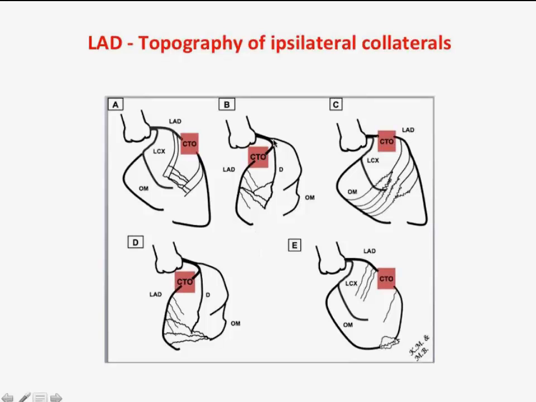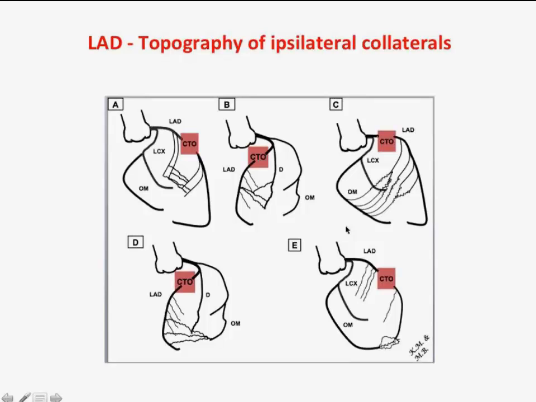This is for LAD occlusions, and this is a scheme which we created. What we can see is that we often have septal-to-septal collaterals, from the first septal to the mid or distal part of the septum, which are sometimes a possible pathway for the ipsilateral approach. Very often the situation is this type, from the diagonal to the distal or mid part of the LAD over epimyocardial collaterals.